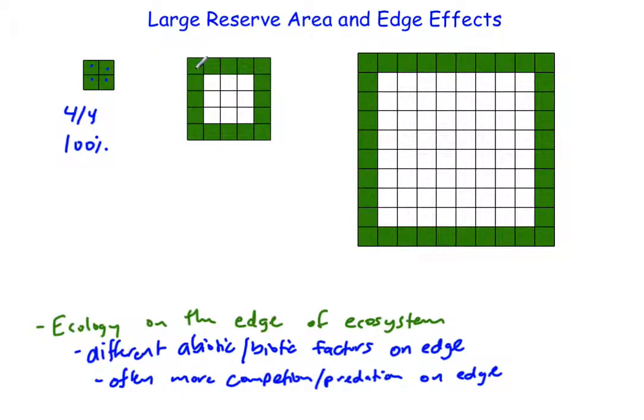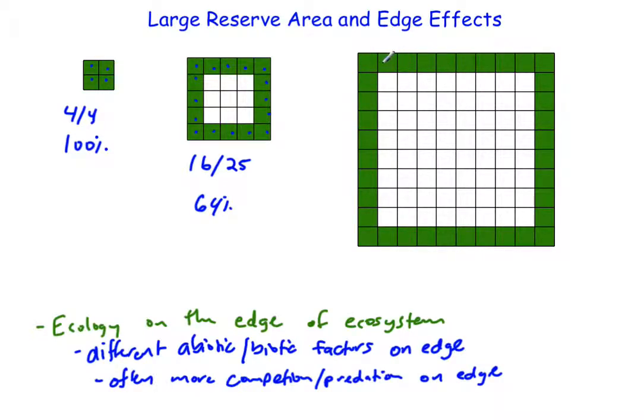In this bigger area, we only have 16 of our possible areas affected by the edge effect, out of 25 total. So still not great, but a lesser percentage. If you calculate that out, 16 over 25 gives you 64% of your area affected.